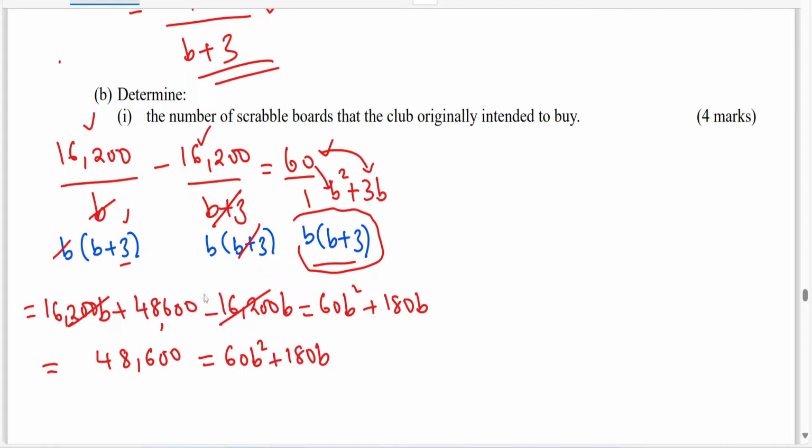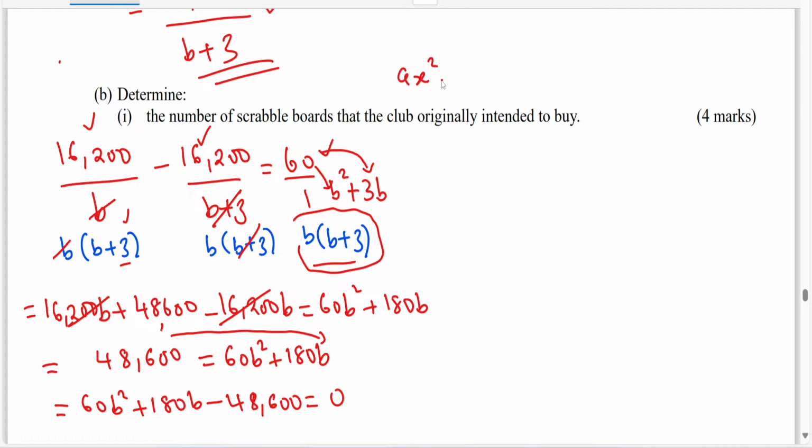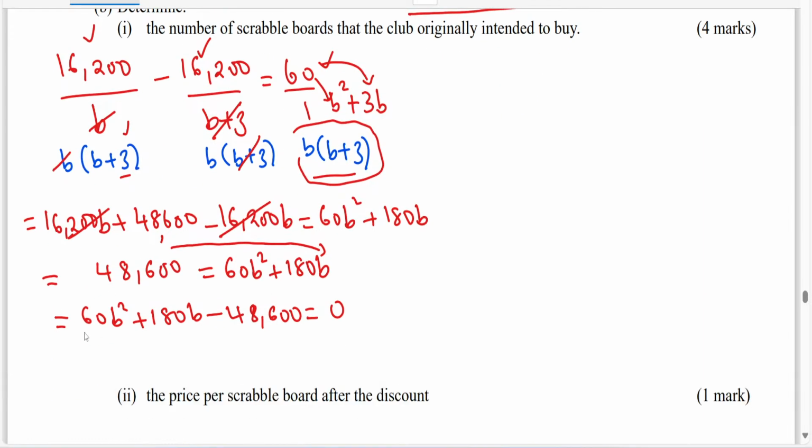Sawa mpaka hapo. Sasa bado nini? Hii tuzipeleka pale, so itakupa 60b squared plus 180b minus 48,600 equal to 0. The real intention hapa tuiandike in the form of ax squared plus bx plus c equal to 0, ndo tupate hiyo answer ya x. So let's divide by 60.